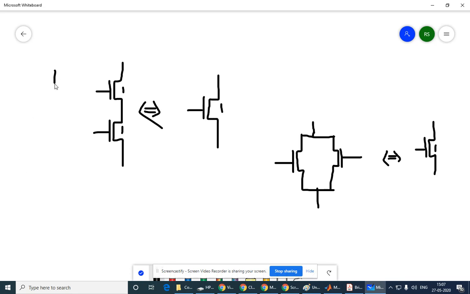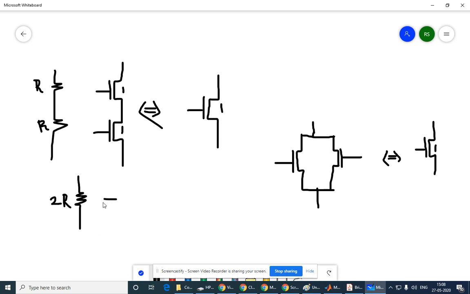Now I can draw this diagram. Okay, and I have this transistor, I have this resistor corresponding to it. Its value is R, and similarly one more R. So which means that if you look at this whole network, it is equivalent to one single resistor whose value is 2R, because both are in series, and that's very simple combination.